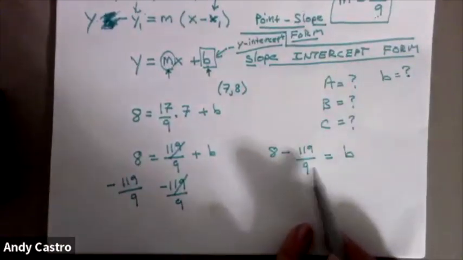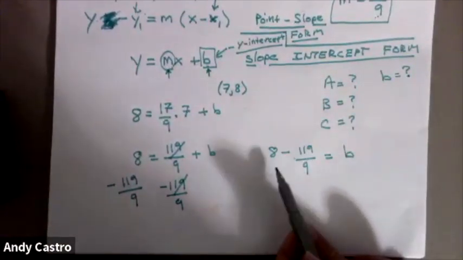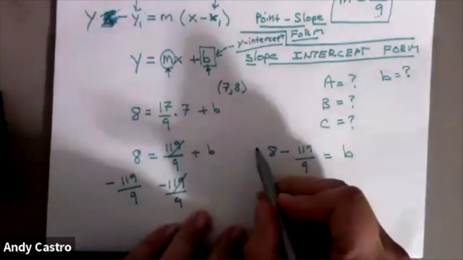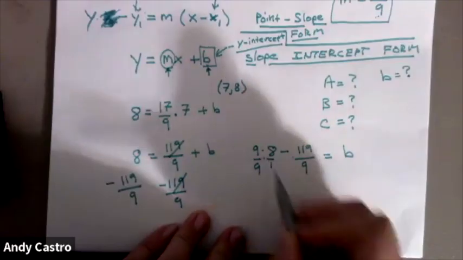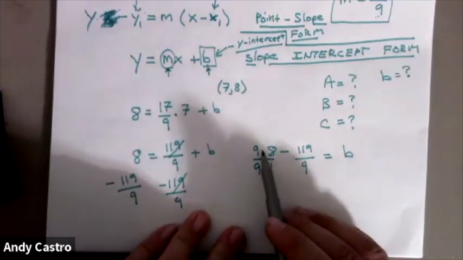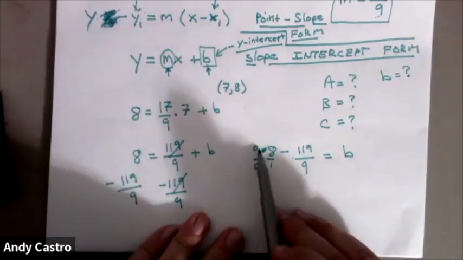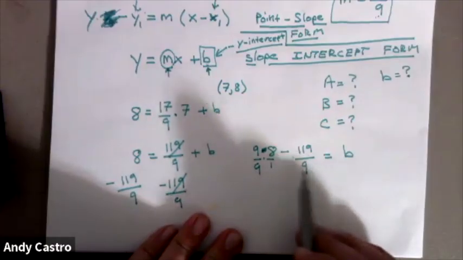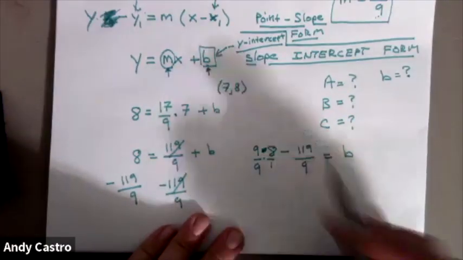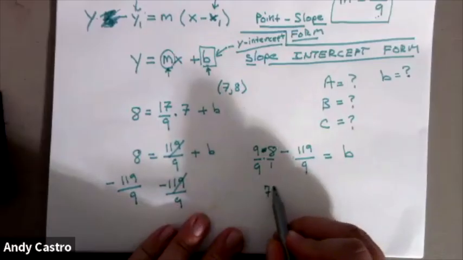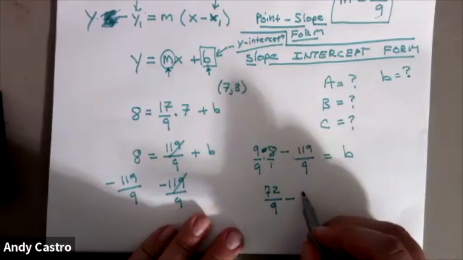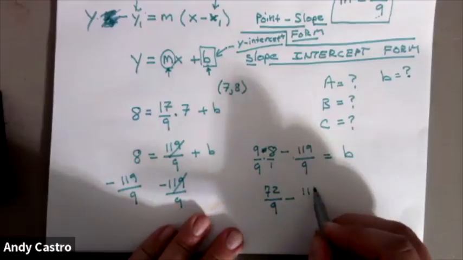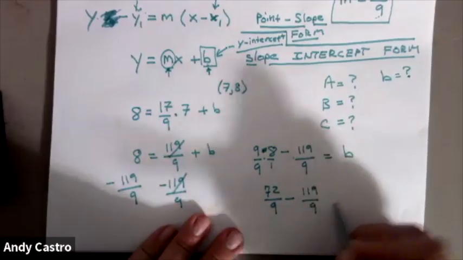All right, now I need to find a common denominator between these two. So I'm going to multiply the top and bottom here. 8 is just 8 over 1, so 9 over 9, so that I have the same as over here. 9 times 8 is 72 over 9 minus 119 over 9.